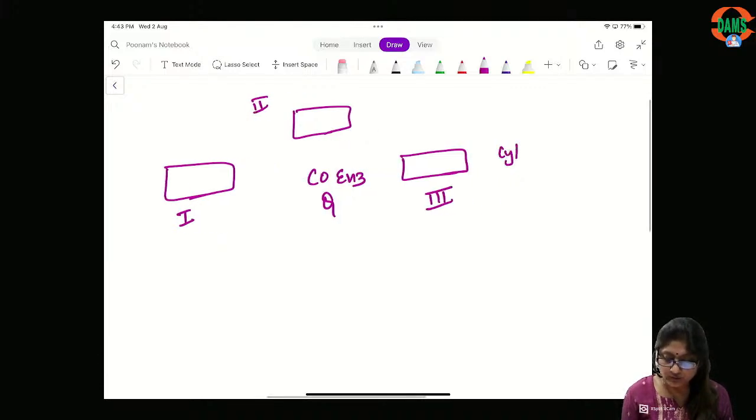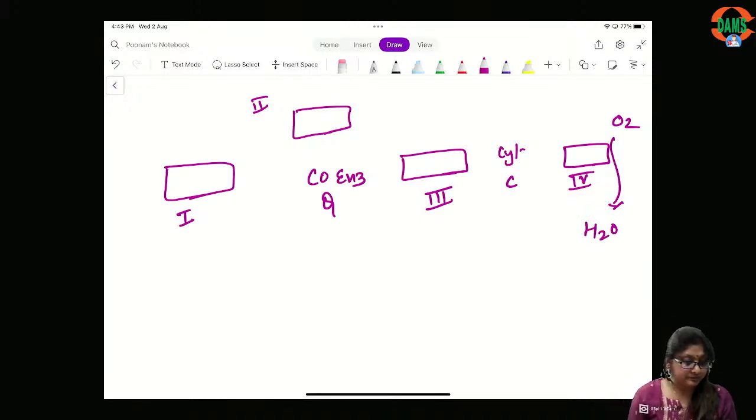Then you have cytochrome C, then you have complex 4, then the oxygen molecule, which is converted to water. So these are various complexes, and on these the electron is flowing towards the oxygen molecule, right, like this.